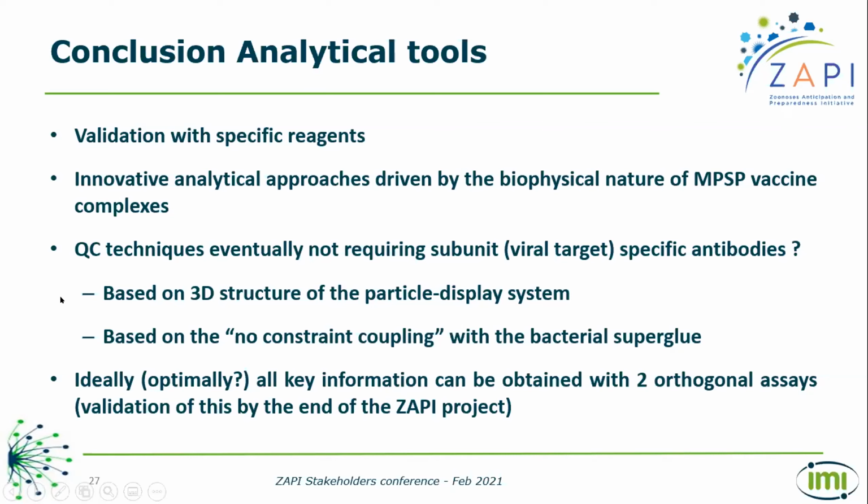But for the first time, again, we have a 3D structure to monitor. We also have a built-in quality design, because the coupling is not inducing any constraint between the subunit and the scaffold due to the very easy and simple coupling of the bacterial superglue. And ideally, maybe optimally, eventually, all key information can be obtained with 2 orthogonal assays only. But maybe that's a step which is too big to jump right now, but I think the potential is clearly here.